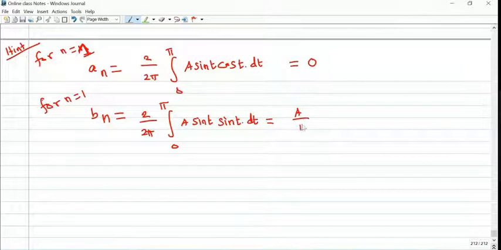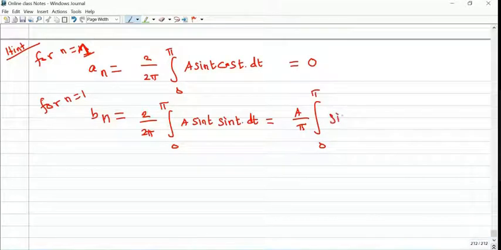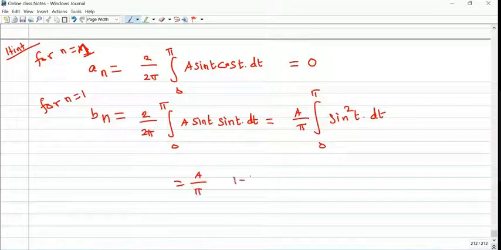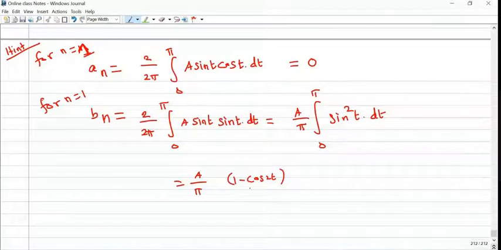For the Bn value, you will get 2 divided by 2 pi, integration 0 to pi, A sin t, which is x of t, times sin nt, with n value 1, sin t. So A divided by pi, integration 0 to pi, sin square t dt. So A divided by pi, and sin square theta equals (1 minus cos 2 theta) by 2.